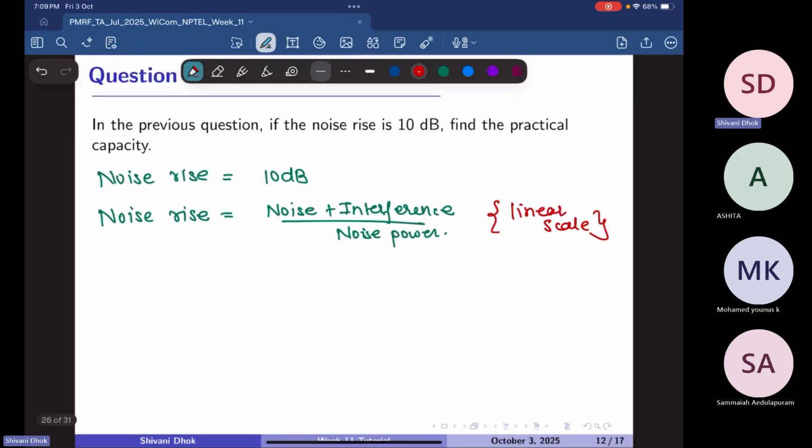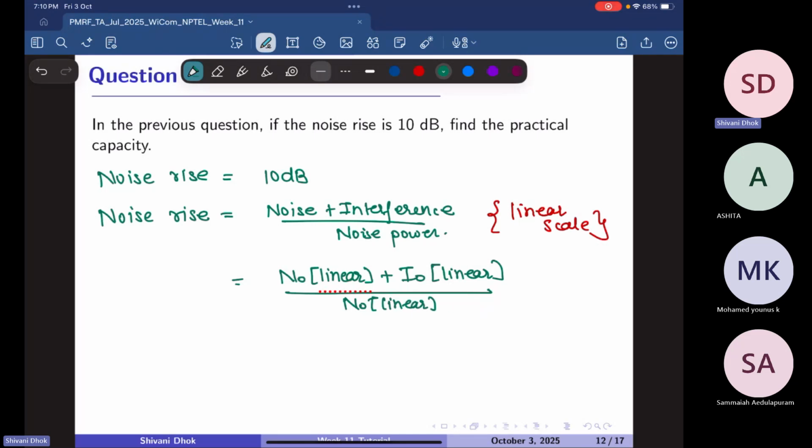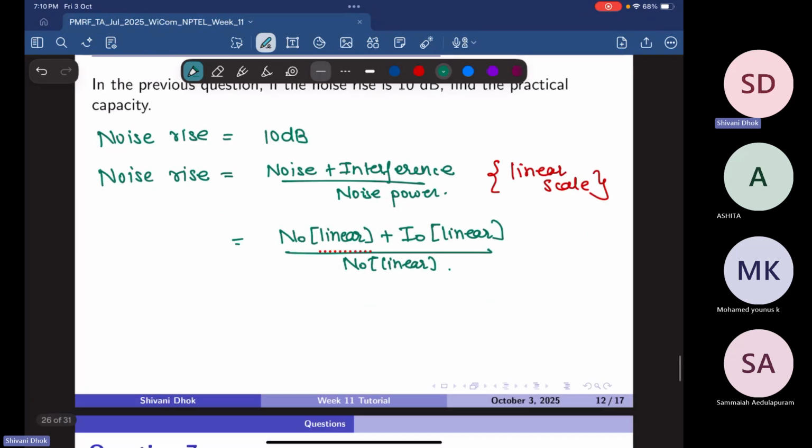So what it gives is N naught in linear scale plus I naught in linear scale divided by N naught in linear scale. Now this is a ratio, and this ratio we can convert to dB scale. What we are given is noise rise in dB scale, whereas the noise rise that I have written here is in linear scale.